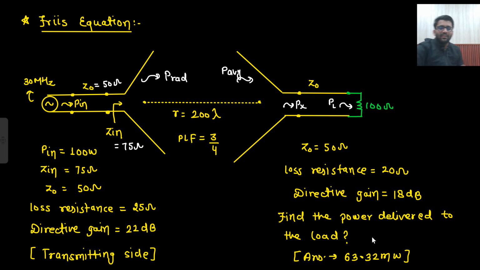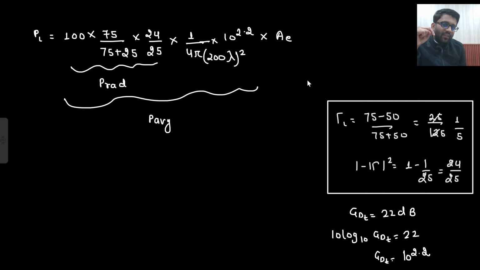Now the next task. From P average, I need to find my Px. How will I find my Px? It will be multiplied with the effective aperture area of the receiver. The effective aperture area of the receiver would be lambda square by 4 pi into the directive gain of the receiver into the polarization loss factor, right?